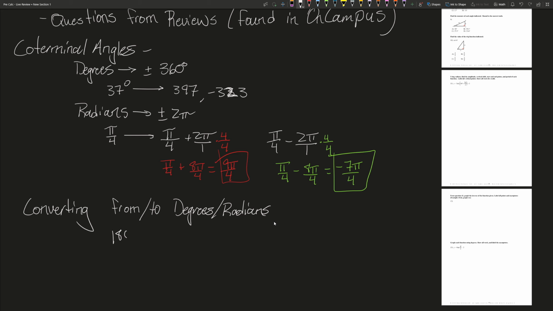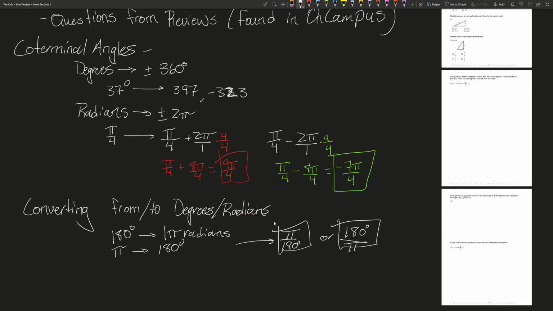Every 180 degrees is exactly pi radians. So 180 degrees is the same as pi radians, and pi radians is the same as 180 degrees. We use this conversion as pi over 180 or 180 over pi, multiplying whatever your initial quantity is by it, depending on what you're converting to and from.